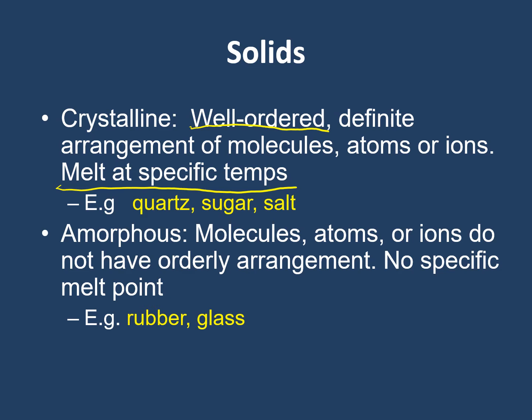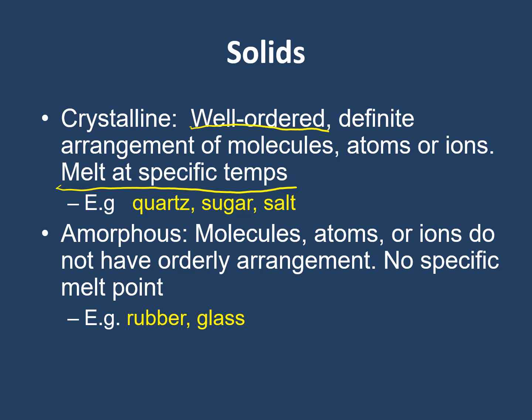If, for instance, we wanted to talk about NaCl, sodium chloride, which is an ionic solid and is crystalline, it has a very specific melting point. It melts at a very specific temperature. We could list, like, hey, NaCl melts at like 1500 degrees Celsius exactly, right? And that would be true.